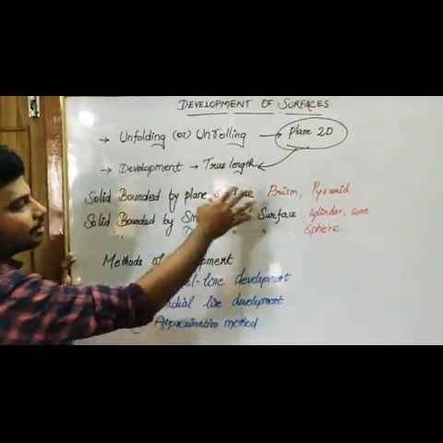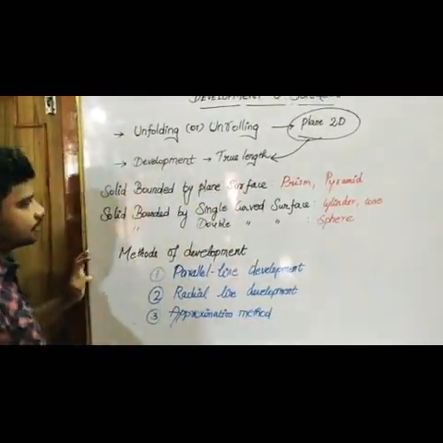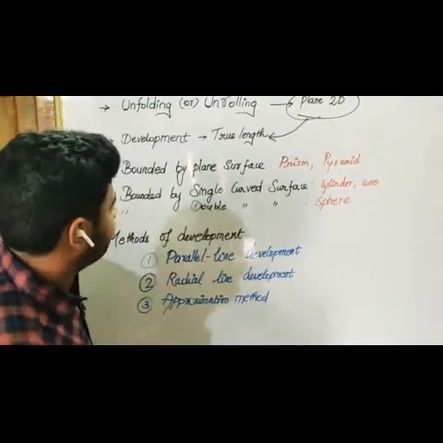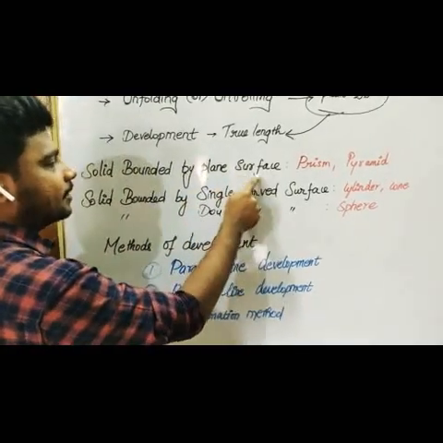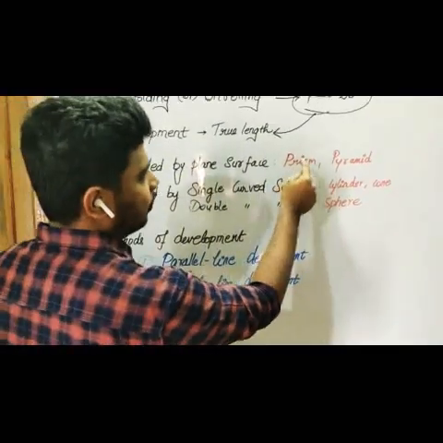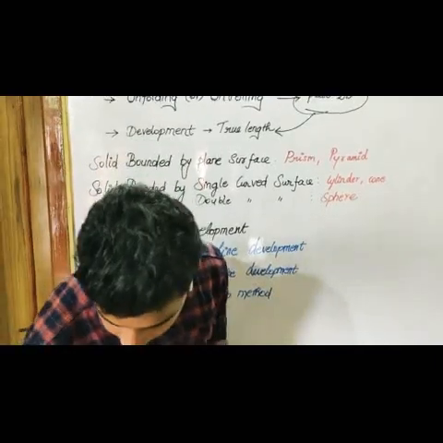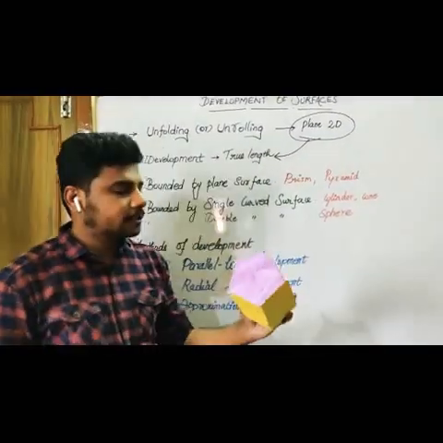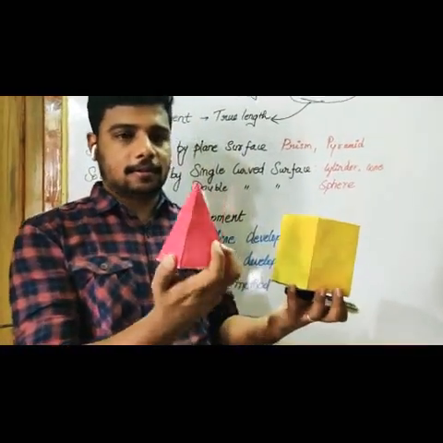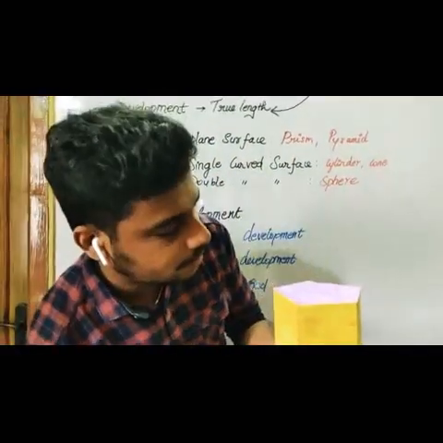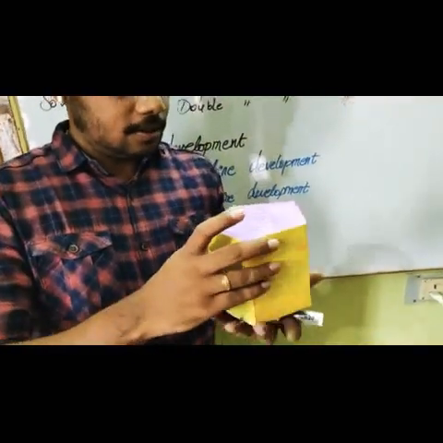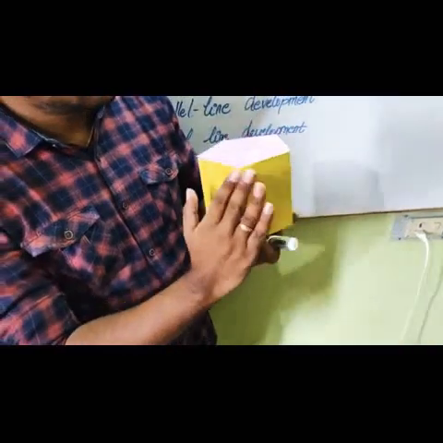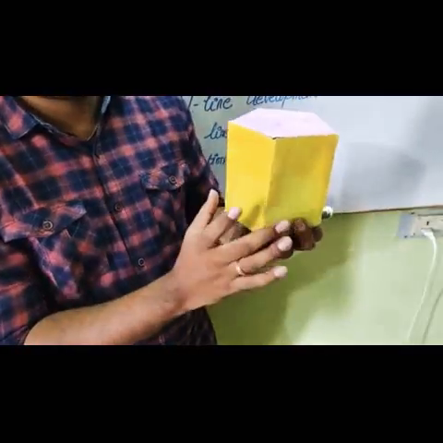How can we categorize development of surfaces problems? Any solid bounded by plane surfaces can be called a prism or pyramid. A prism has identical top and bottom faces, bounded by rectangular faces.